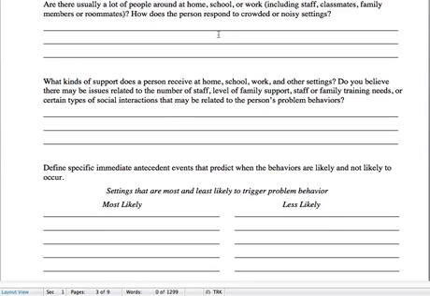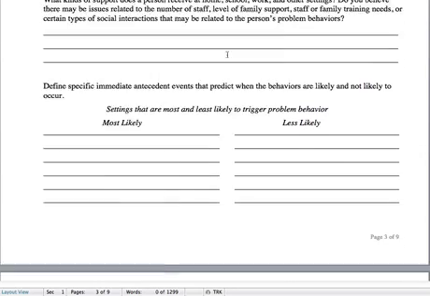The next question is about a lot of people around the home. Density can negatively impact some people. So we want to get information about the level of crowdedness, and we want to know whether there's any indication historically that the person is bothered or upset with crowded or noisy settings.